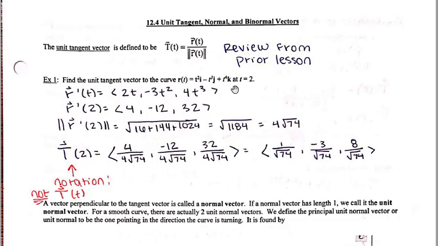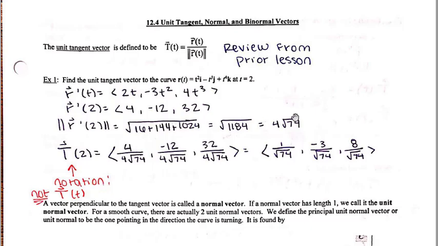So instead of finding a generic formula for T of t, I'm going to plug in 2 into this function so that I can find a specific vector. And once I've found that specific vector, I'm going to divide by that specific vector's magnitude, which is way easier than finding a formula for the magnitude.